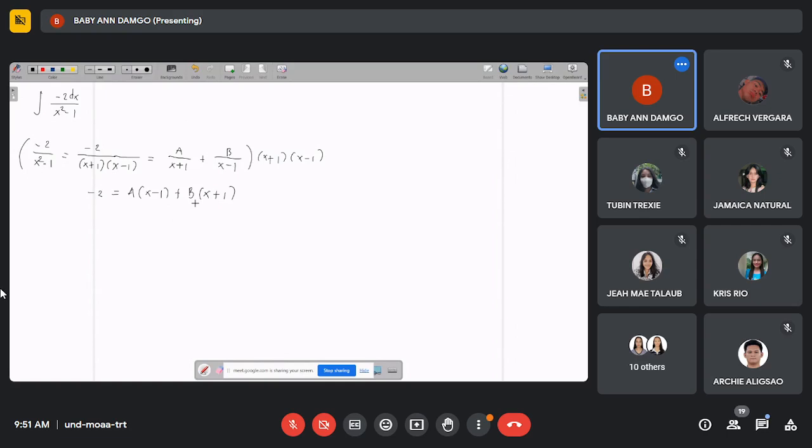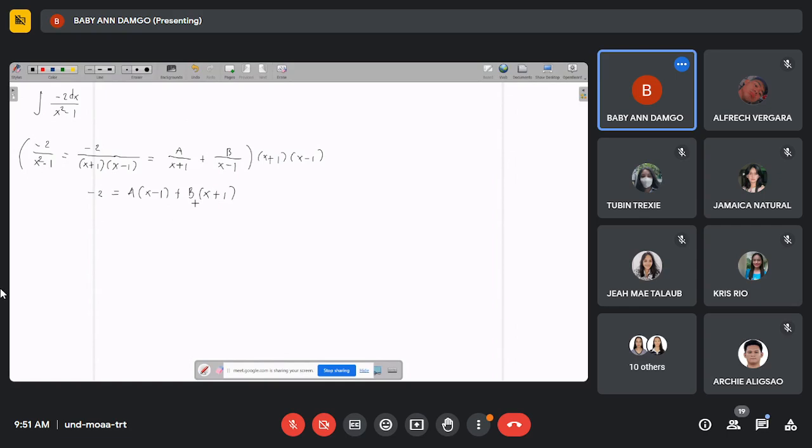We have negative 2, and we substitute the value of x, which is 1. We have a times 1 minus 1 plus b times 1 plus 1. So negative 2 is equal to 0 plus 2b, since 1 minus 1 is 0 and 1 plus 1 is 2. So our b here is negative 1.